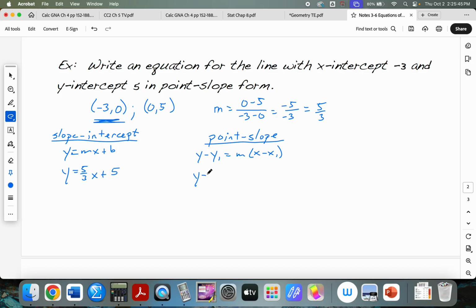That'd be y minus 0 is equal to 5/3 times x minus -3. And then you just do a little cleanup. Y minus nothing is what? It's still y, yeah. You haven't changed it. X minus -3 is the same thing as x plus 3.